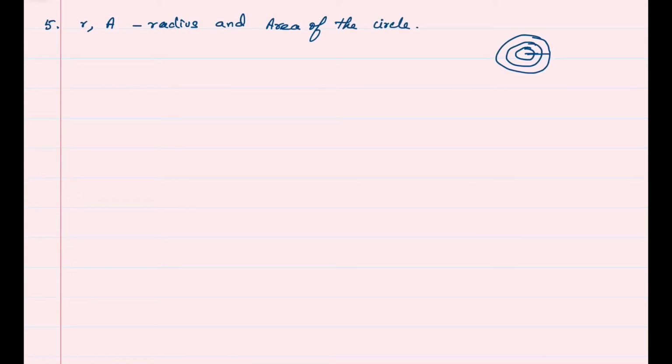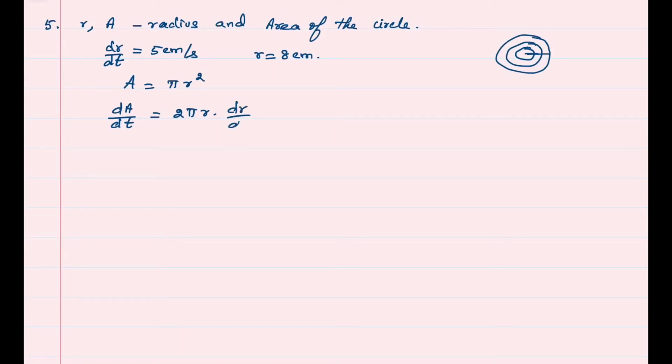Now we will write the given values. The waves move in circles at the speed of 5 centimeter per second. Look at the unit, 5 centimeters per second. That means it is dr by dt. And when r is 8 centimeters, how fast is the enclosed area increasing? Area of the circle formula is pi r square. We will differentiate both sides with respect to t. dA over dt is 2 pi r times dr by dt.